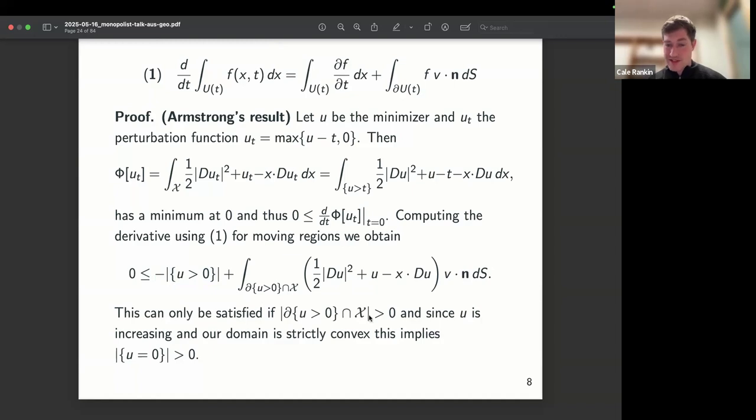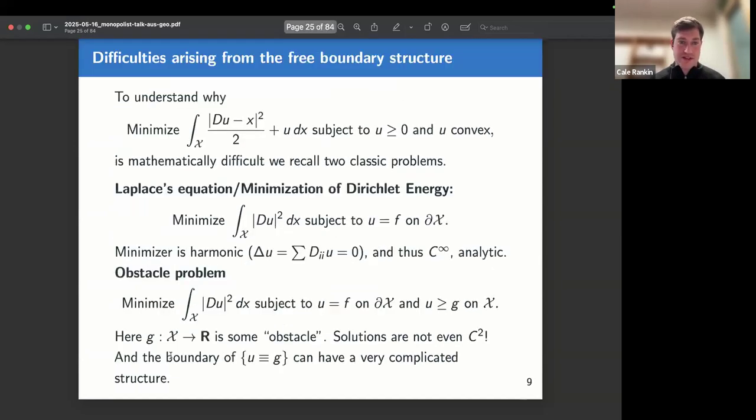For convex domains, which this set is in higher dimensions, that's enough to imply this set has positive measure. So it's not quite a one-liner, but it's certainly a one-page proof that gives you this model has some very interesting economic consequences.